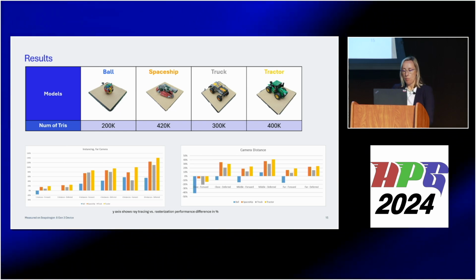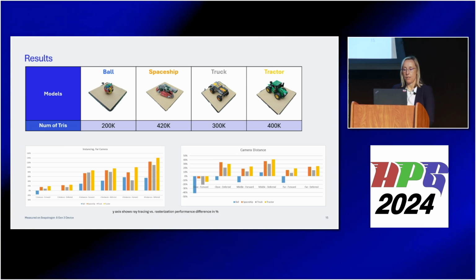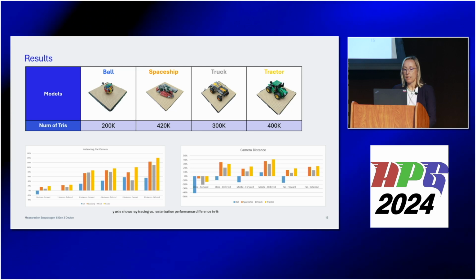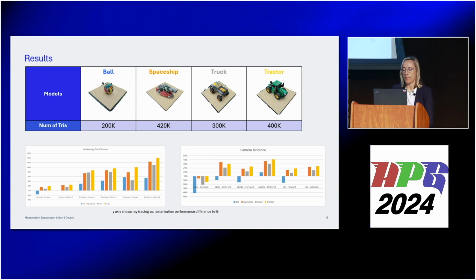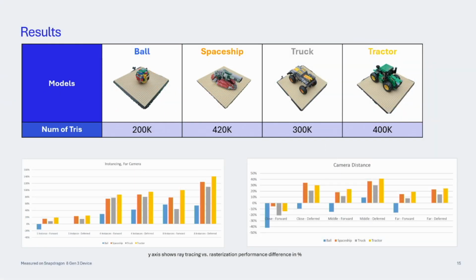And so now a little bit on the results. We present here these 4 models, and the number of triangles range from 200 to 400,000 triangles. On the bottom, I show results from 2 experiments that we have done. A little bit of explanation on the graphs. The y-axis shows the percentage uplift in performance when you compare ray tracing versus rasterization.